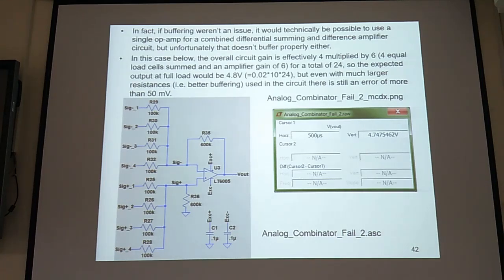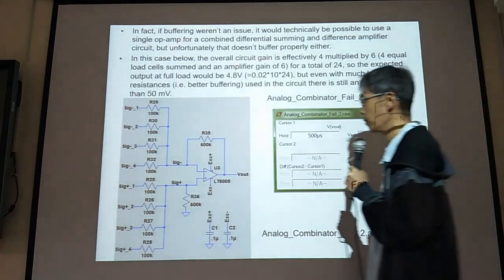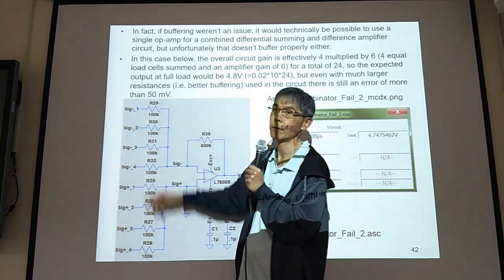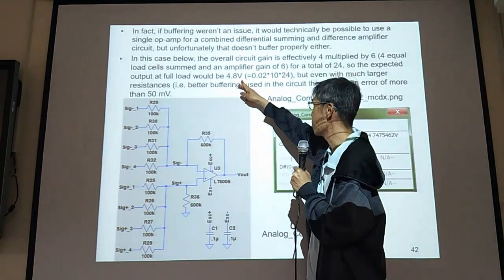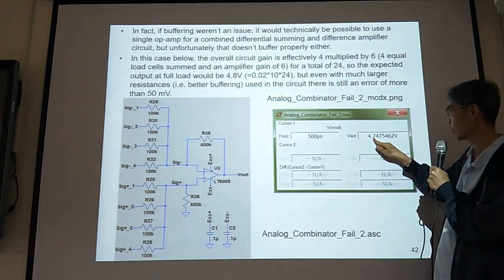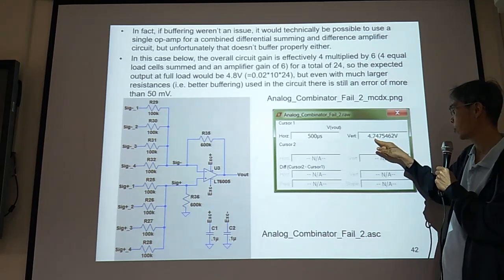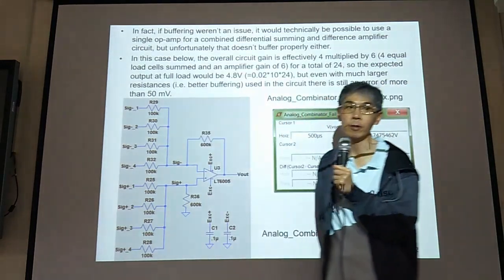20 minutes. Okay. Although in this circuit, we increase the resistance to 600K, 100K. It's large. So the result should be 4.8 volt. 4.8 volt. But it's not. Still, 4.8 and 4.75. They are 50 microvolts difference.